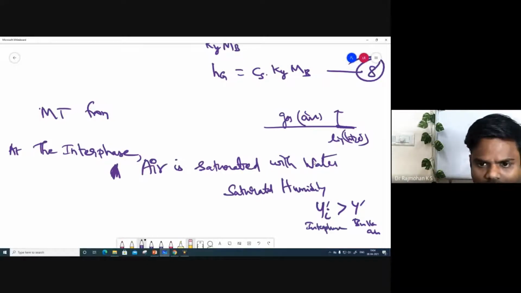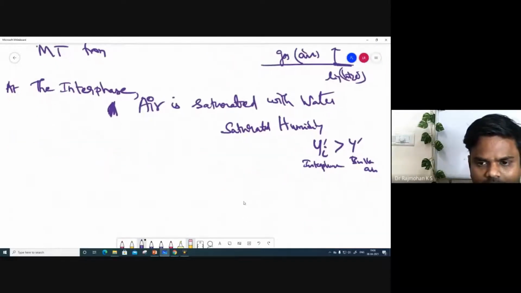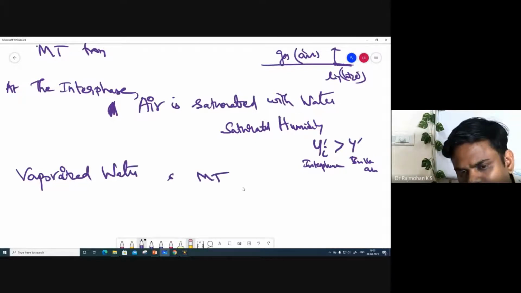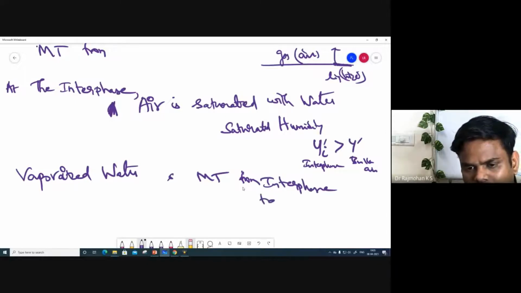So if we are clear about this thing, we can proceed to write the expression in terms of mass transfer also. So we should know that whatever is the amount of water vaporized and whatever is the mass transfer that is taking place, mass transfer from the interface to bulk air.